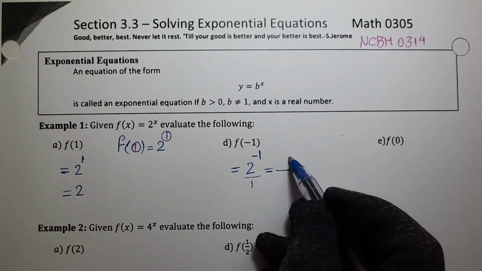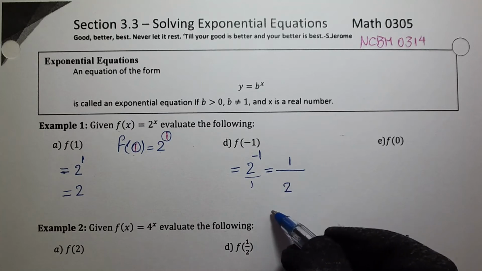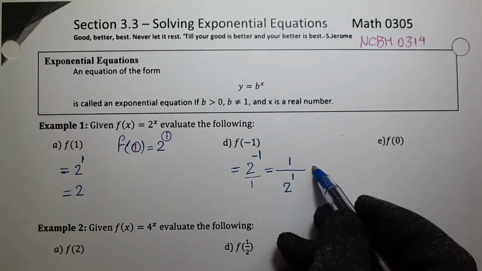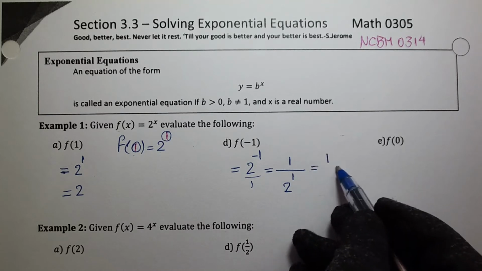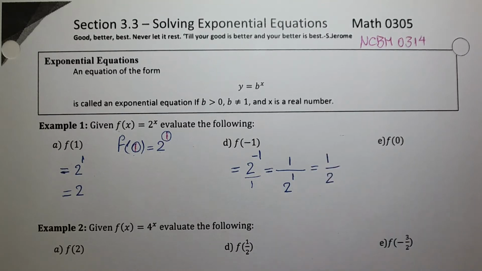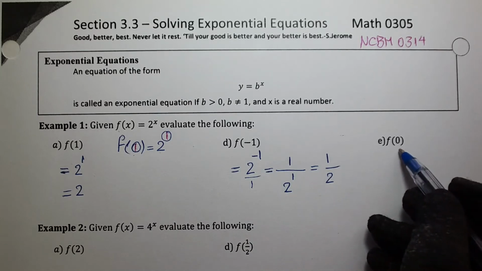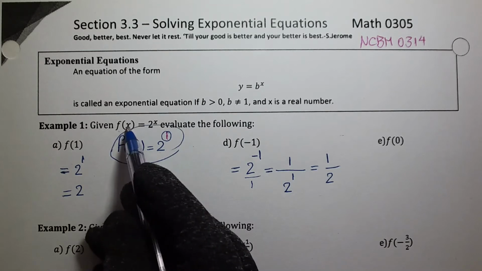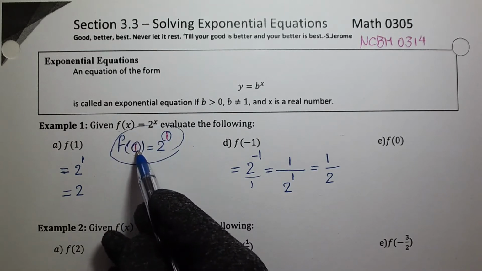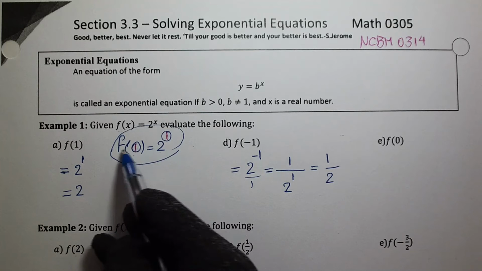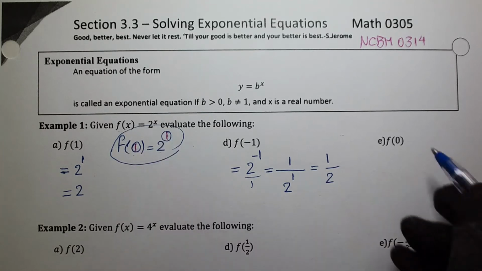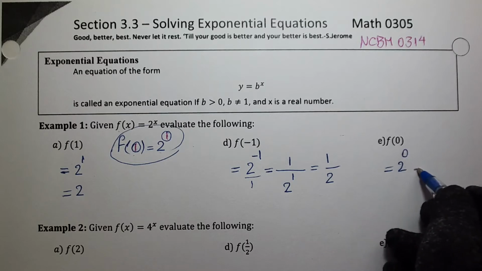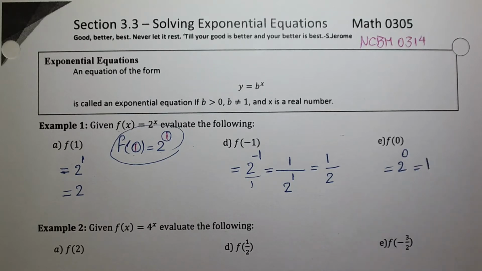If I flip over this fraction, the exponent is going to be positive. So it's 1 over 2 to the power of 1, or 1 over 2. F of 0 again means substitute 0 for x. F of 0 means 2 to the power of 0. We know any real number to the power of 0 is 1.